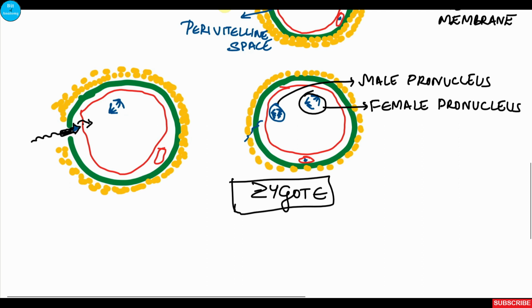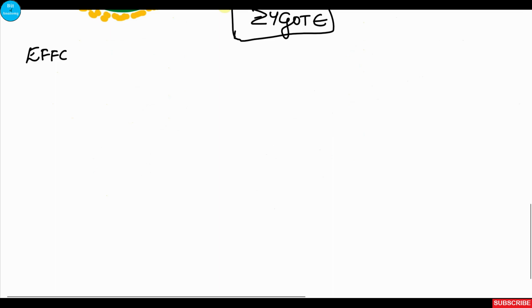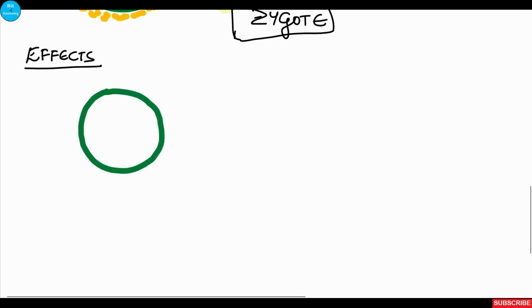Actually there is no formation of a complete cell during the fertilization, so immediately this zygote will start undergoing division. If you see the effects of fertilization, immediately after the male nucleus enters the secondary oocyte, some cortical granules accumulate just beneath the vitelline membrane and release calcium into the perivitelline space.